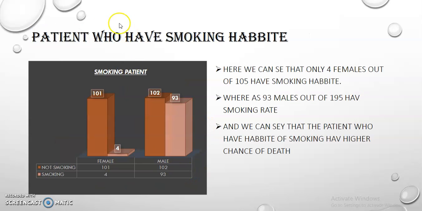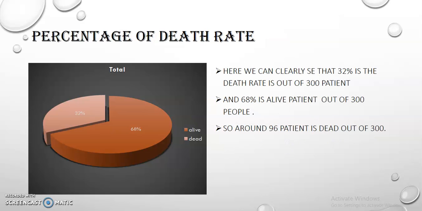Patients who have smoking habit: out of 105 females, 101 do not have smoking habit, and only 4 do. Out of 195 males, 102 do not have smoking habit, and 93 have smoking habit.